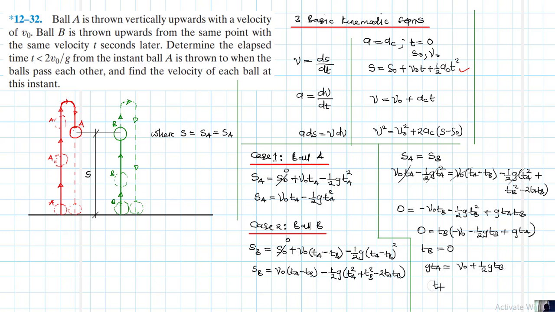Therefore, our TA, if we divided both sides, becomes V naught divided by G and then plus just half TB. And of course, this is less than 2V naught divided by G. So this is the time. The elapsed time from the instant ball A is drawn to when the balls pass each other.